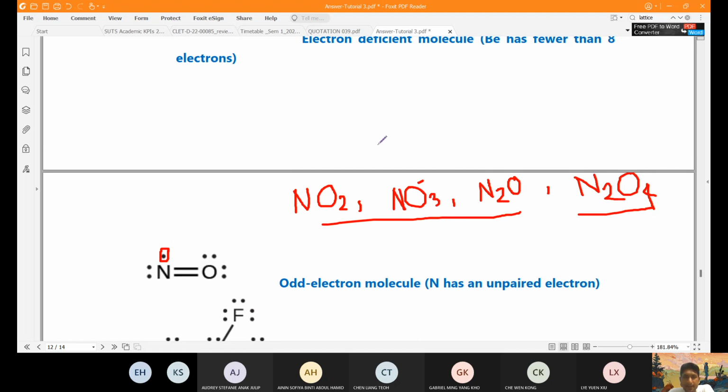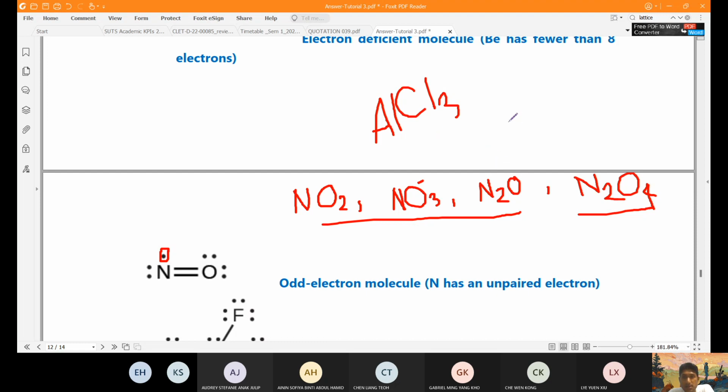Another thing is aluminium. We know aluminium is electron deficient, right? So for aluminium trichloride, we can produce one type of Lewis structure.